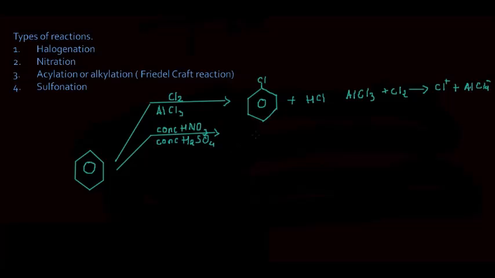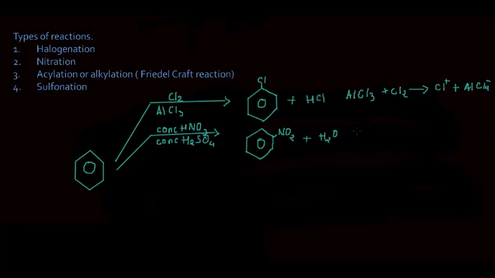So in this reaction we'll be adding nitro group to the benzene, so our product is nitrobenzene. So NO2 group is bonded to one of the carbon atoms of benzene, replacing the hydrogen ion. So in this case our byproduct will be water.